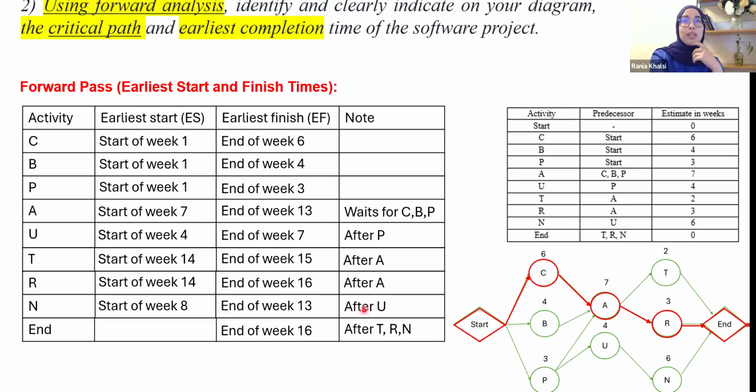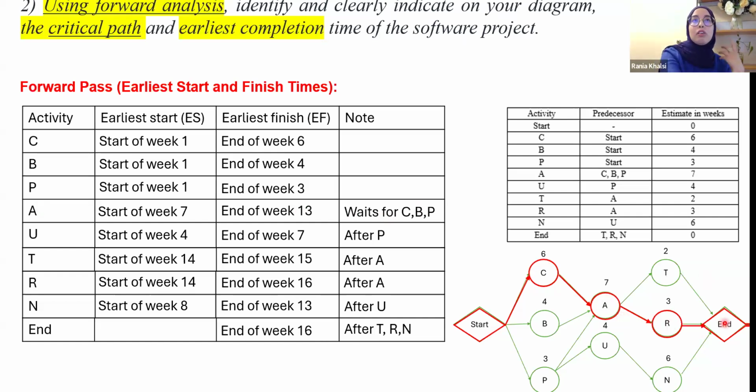From this, we can see the critical path for the project, which takes 16 weeks and ends in R. Before R, it comes after A, and A is waiting for these 3. The longest one is C, so we came from C, and this is mainly the critical path.